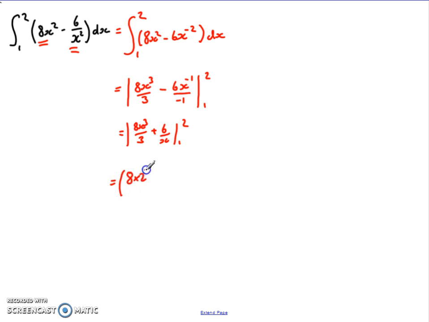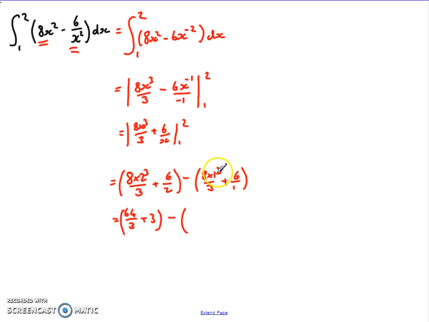So 8 times 2 cubed over 3 plus 6 over 2, take away 8 times 1 cubed over 3 plus 6 over 1. Simplify these and then we get our final answer. So 2 cubed is 8, 8 8s are 64, so we get 64 over 3 plus, well, 6 over 2 is 3, nice easy one there for you.